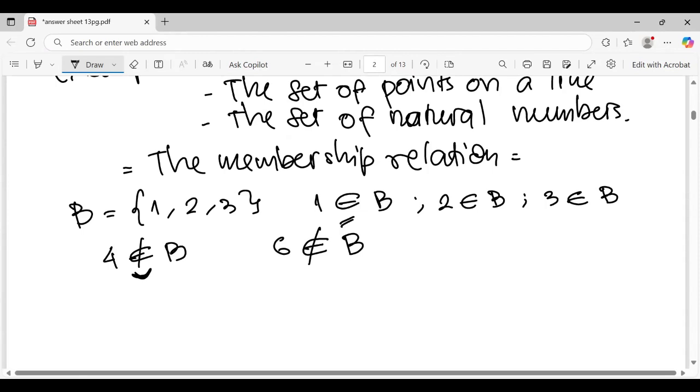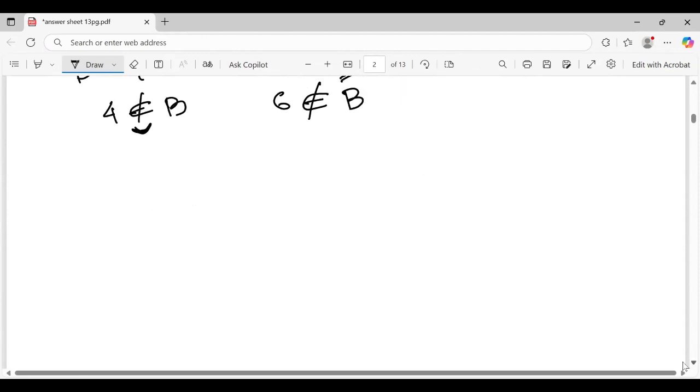Now, let's continue with equality of sets.